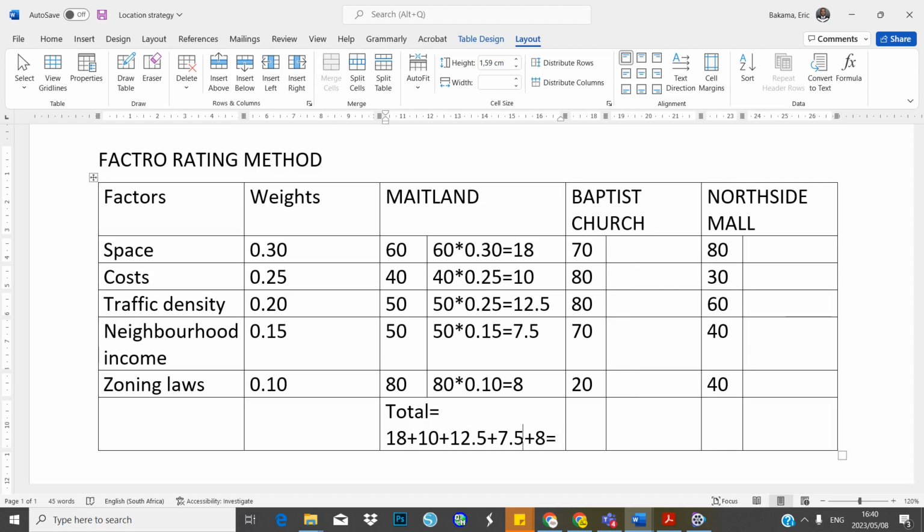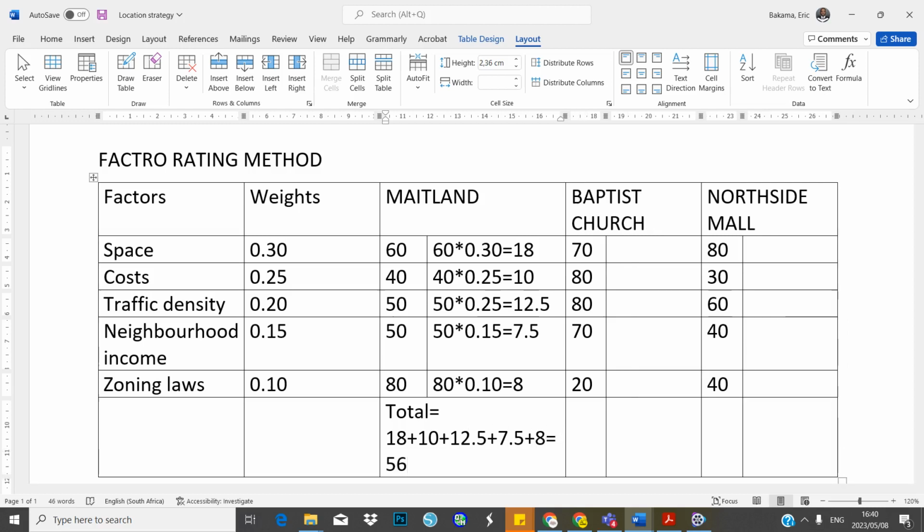But let me just confirm to avoid any mistake. Yes, in this case we have 56. So this is the weight that Maitland will have should the company decide to go for it.